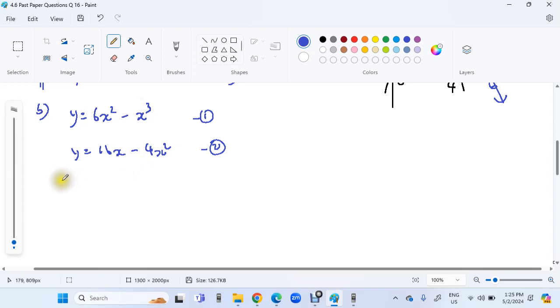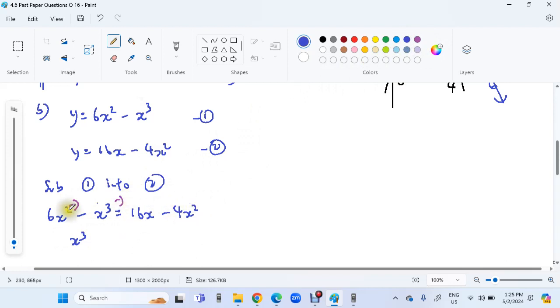We substitute 1 into 2. Then we have 6x squared minus x cubed equal to 16x minus 4x squared. Move everything to one side. Then we have x cubed, minus 4x squared minus 6x squared, that is minus 10x squared, plus 16x equal to 0.